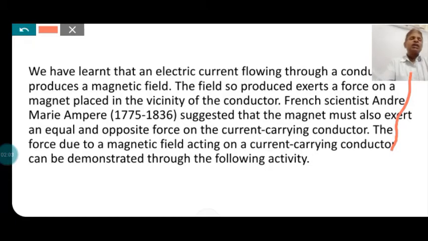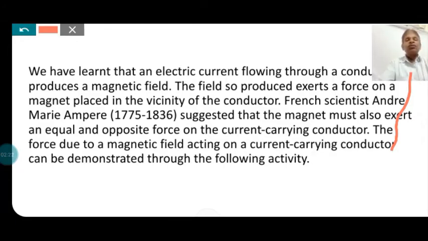Similarly, when a current carrying conductor is placed inside a magnetic field, the magnet exerts a force, which is experienced by the conductor as a mechanical force, equal and opposite to the force on the magnet.